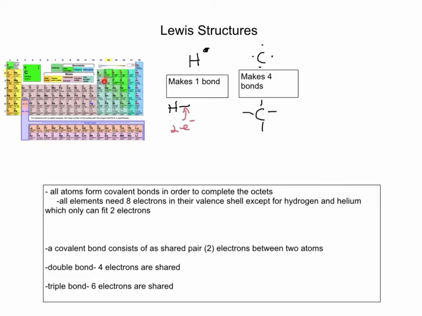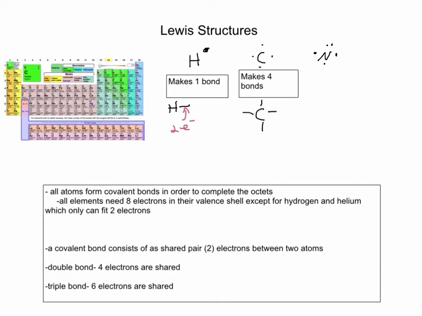Because silicon also is in the same group as carbon, also has 4 valence electrons, it also will commonly make 4 bonds. Now let's look at nitrogen. Nitrogen has 5 valence electrons.